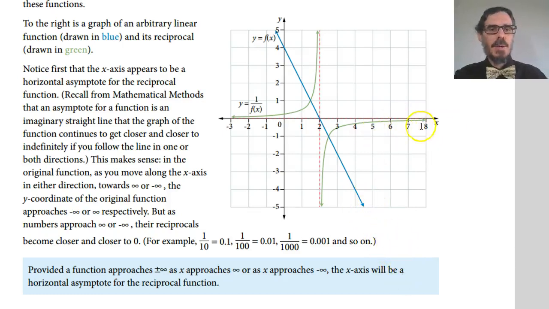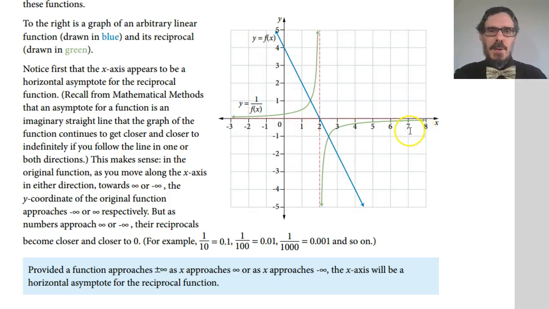So I'm still approaching 0, but now from underneath, on the negative side. So this line in the middle, y equals 0, is actually an asymptote of this graph. The graph is going to approach y equals 0 at the extremities. Now that doesn't always happen, it only happens when the original graph goes towards infinity at either end.